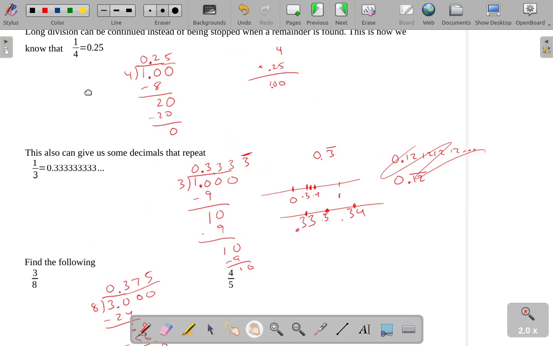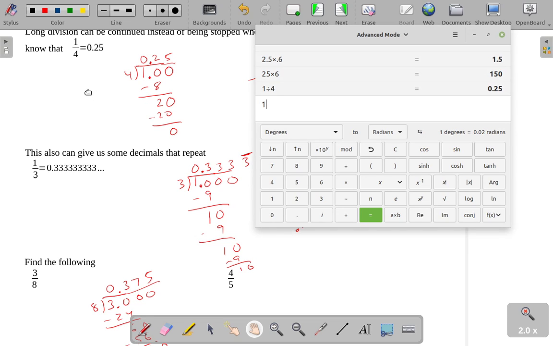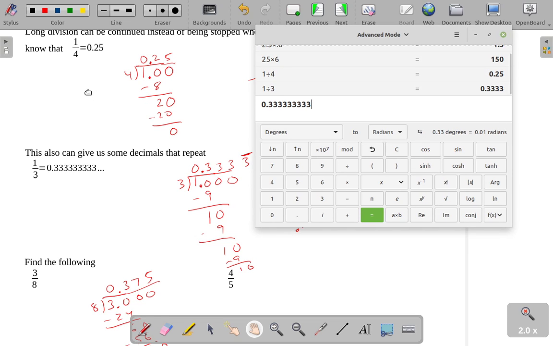That's what we got up here. That's the 0.25. 1 divided by 3 is 0.3 repeating. This calculator does end up rounding it, and if you did something like 2 divided by 3, you can really tell that this is rounding, because this is actually 0.6 repeating. So we'd go 6s for a while, and at some point the calculator says, okay, I'm going to round this. This is a 6, the next digit's a 6.